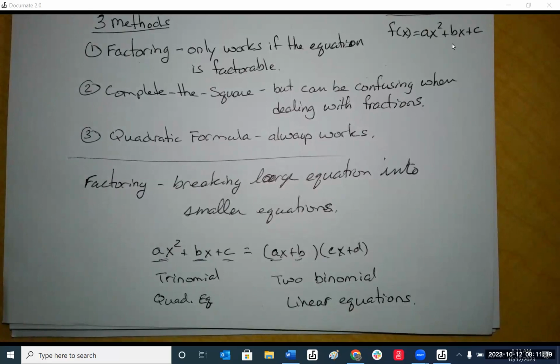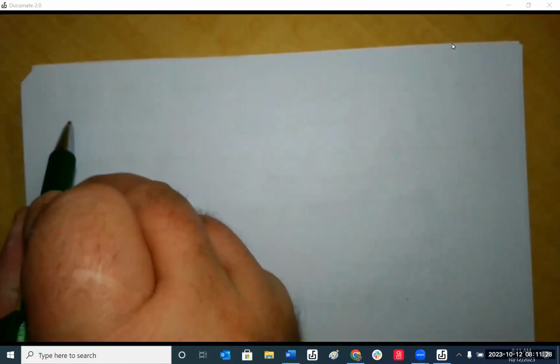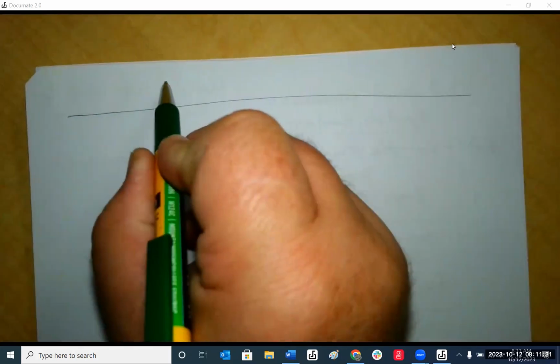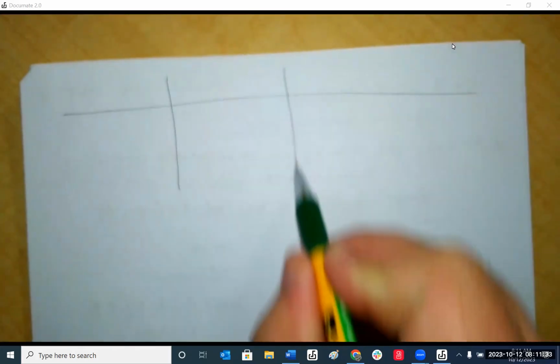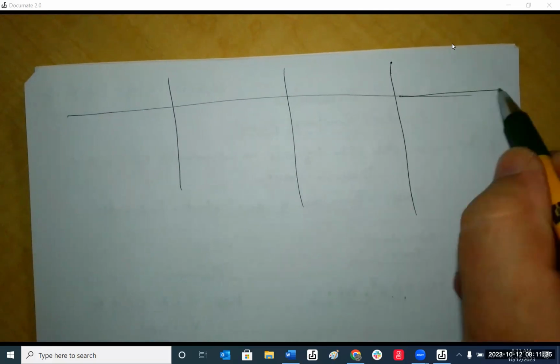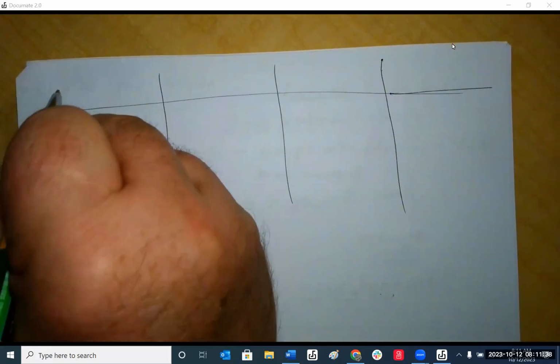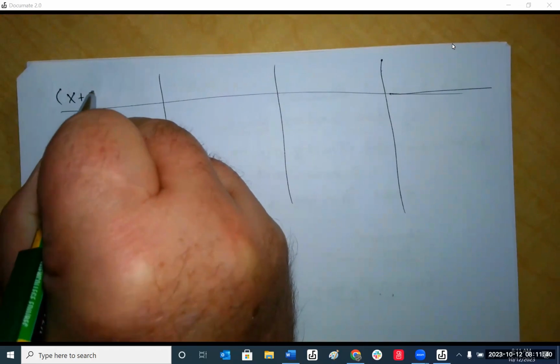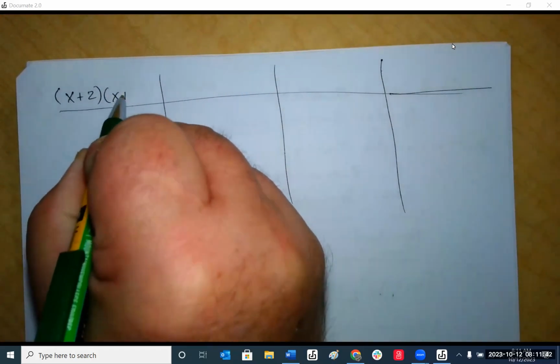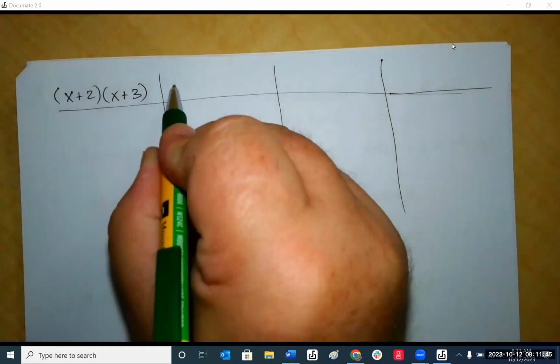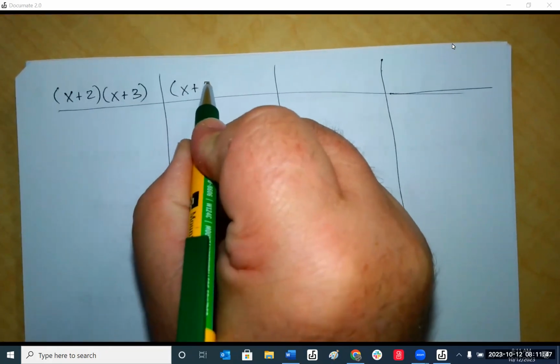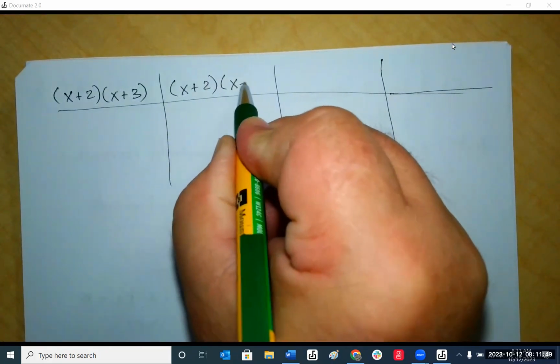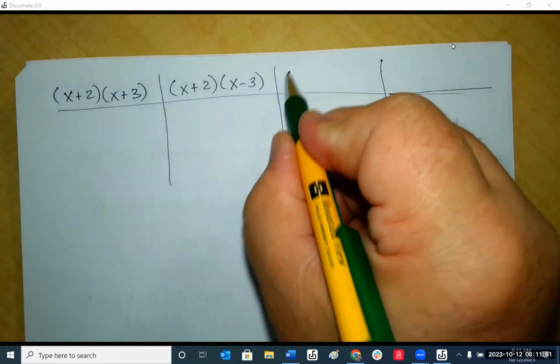Right, so let's look at how to factor. First, we're going to start off with the solution and work our way backwards. So I'm going to give you 4 binomial pairs.